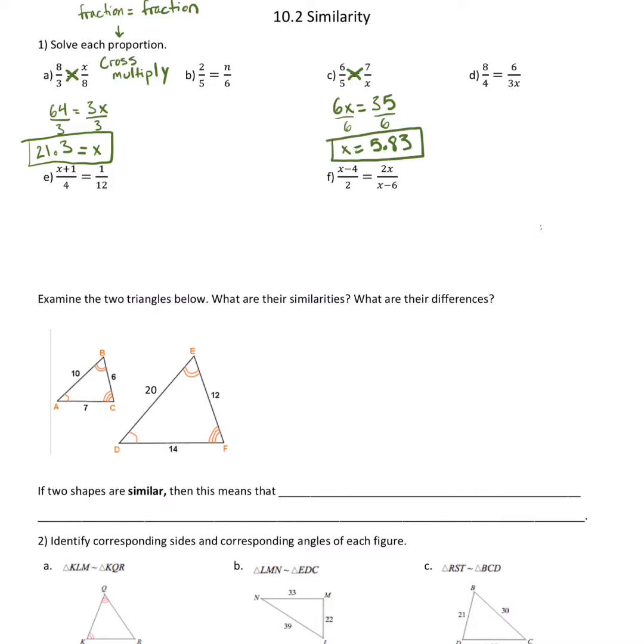Okay, let's do something like part E. Snap. You see how now I have a binomial on the top left? So that's going to be like 12 times all of x plus 1 equals 4 times 1, which I know is 4. So I'm going to distribute that. 12x plus 12 equals 4.